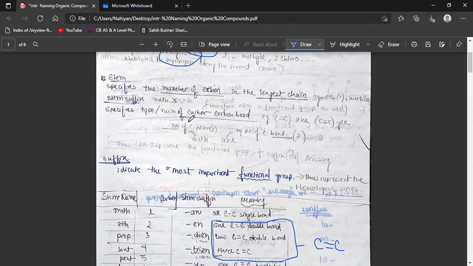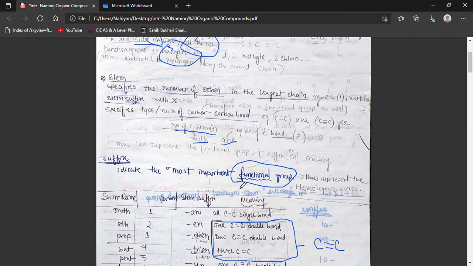For one carbon atom you have the name meth, for C single bond you have ane, and for C triple bonds we have yne. Though the OH falls in the suffix part, which depends on the functional group, it still sometimes gets into the stem part.